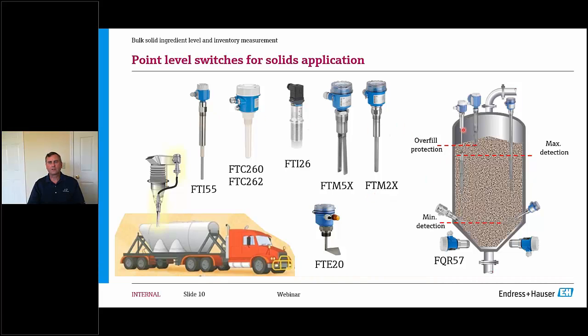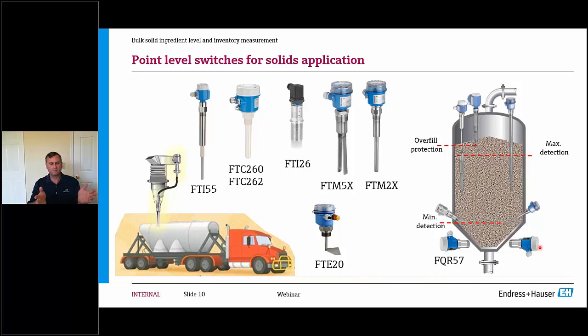All of these are in direct contact with the product, so you can mount them from the side or drop them in from the top, so you can have top level, high level alarms. There are also options for microwave barriers, the ones on the lower right hand side here. There you have two sensors, actually a sensor and a detector on each side of a bin, and a non-conductive window.